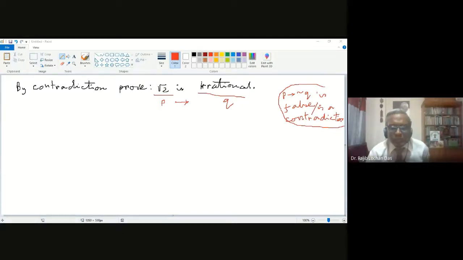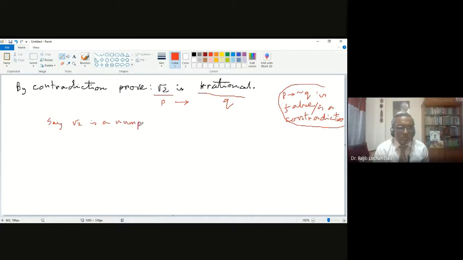So what we do here, we start with P. That means we are taking the number √2 in our hand. So we will think like that. Say √2 is a number. This is just a number.